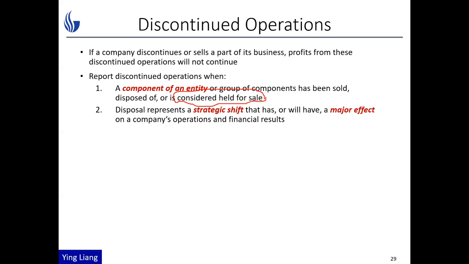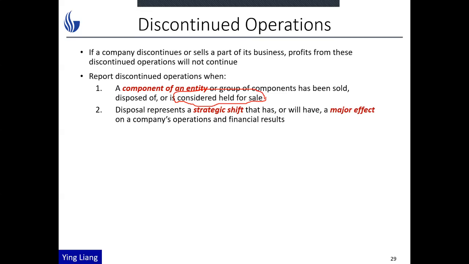For example, Campbell Soup forwent their European market. That is a strategic shift. Or Zoom recently announced that they will quit the Chinese market. That is also a strategic shift, because they are doing the same business, it's just geographically different, so it's really hard to separate it. So it counts as a strategic shift.